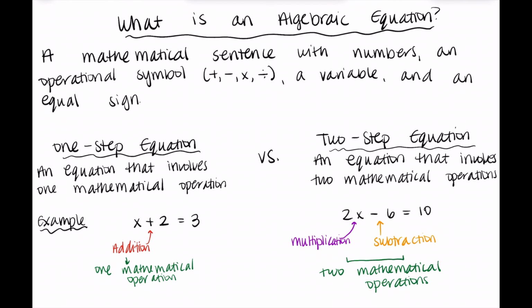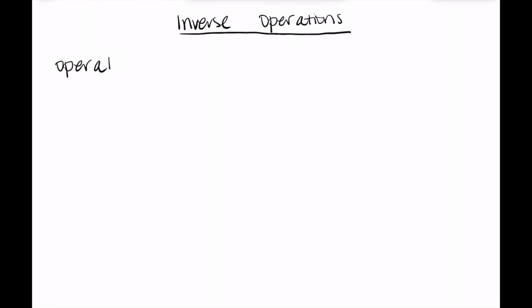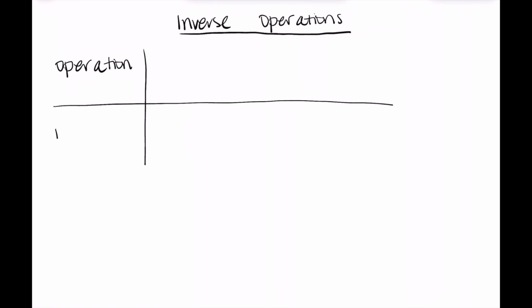So now that we've defined what an algebraic equation is, and we've gone through the difference between a one-step and a two-step equation, let's go through our next super important topic, and that is inverse operations. When we go to solve any type of algebraic equation, we need to use an inverse operation. So I'm going to make a little table for us. We will have the operation on the top with the inverse operation on the bottom.